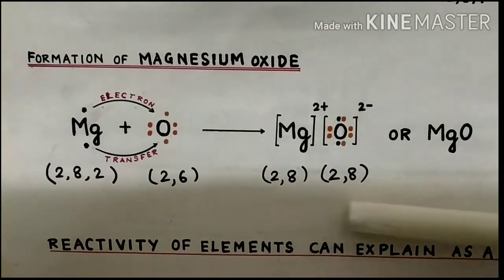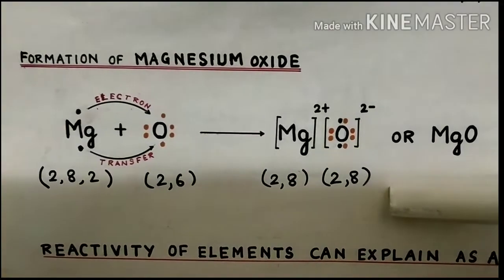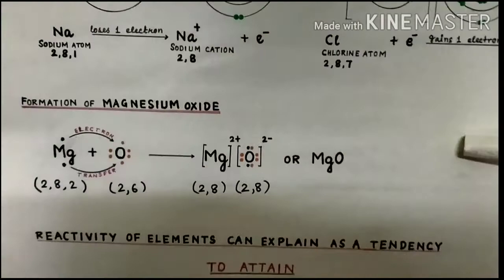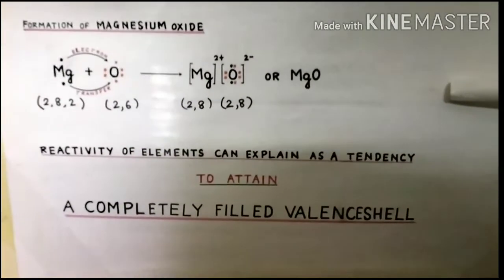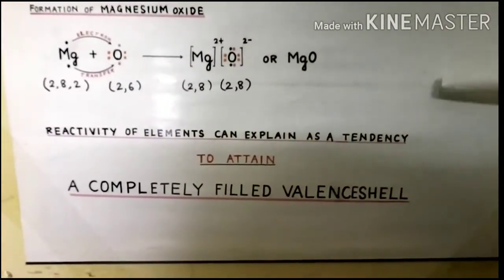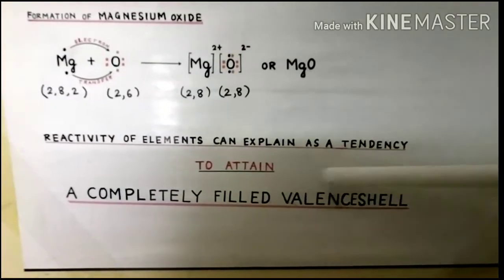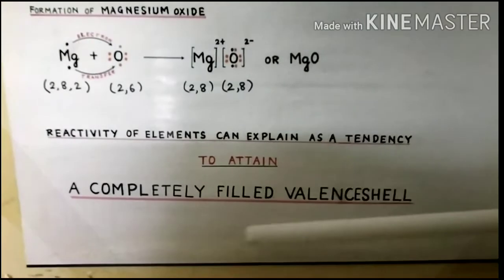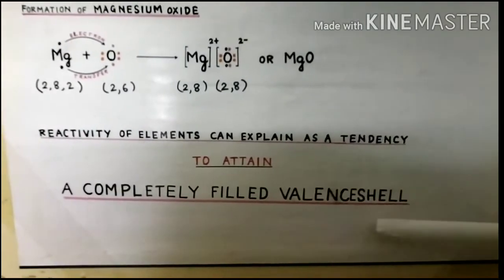That means they are gaining stability. From this discussion, how can you explain the reactivity of elements? We can explain the reactivity of elements as a tendency to attain a completely filled valence shell.